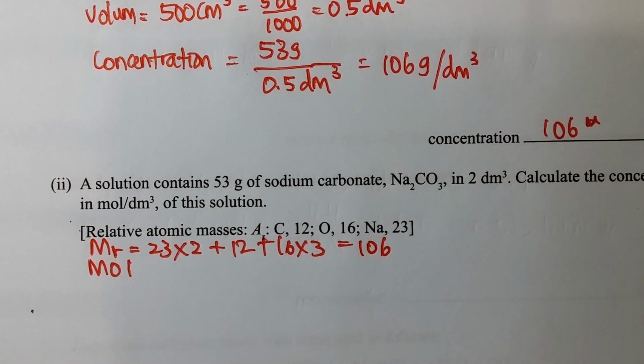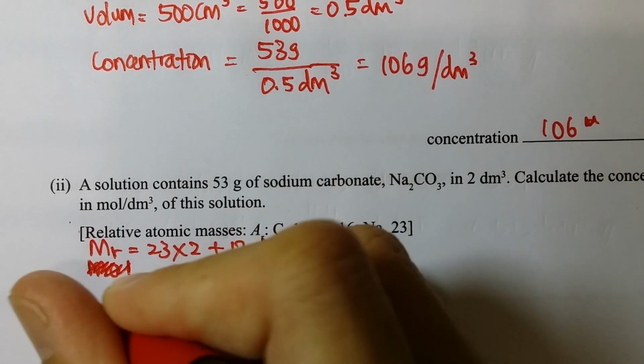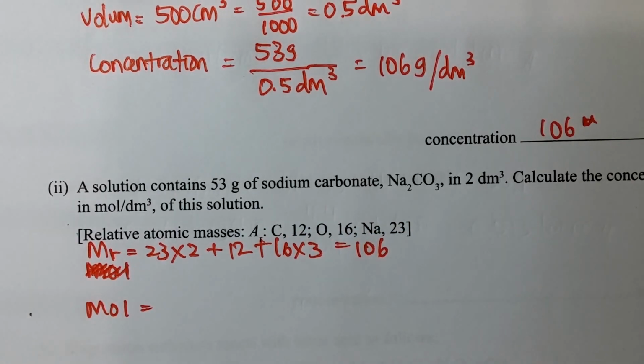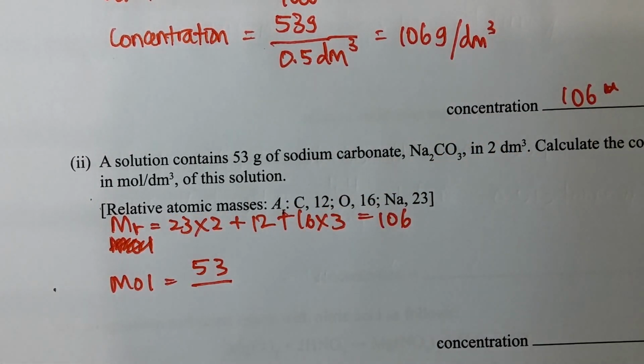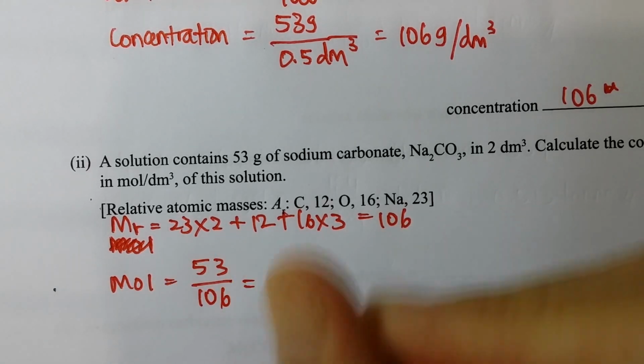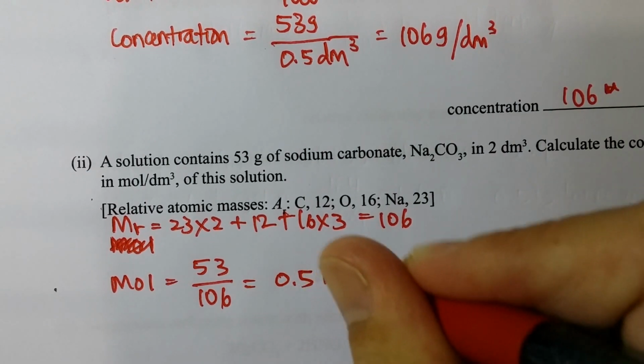The Mr is 106, and then the number of mole is the mass 53 divided by the Mr, which is 106, and that will give you 0.5 mole.